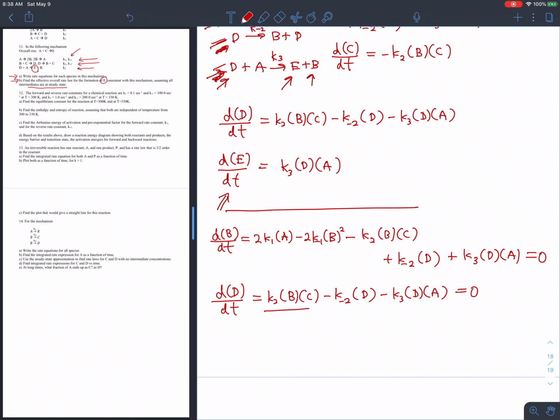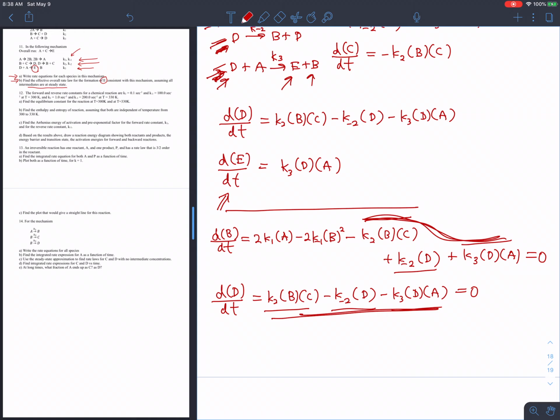Let's see. There's k2BC. There's a minus k2BC. There's a minus k minus 2 times D. There's plus k minus 2 times D. There's a minus k3 times D times A, and there's a plus. So these three are the negatives of these three.